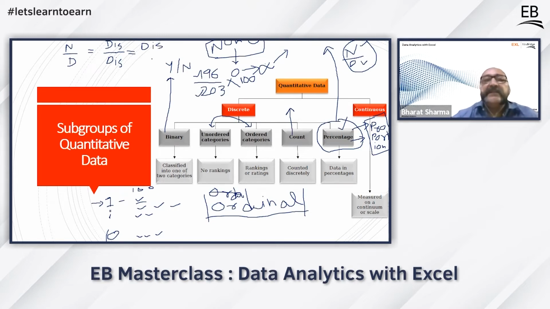Okay. The second possibility is either your numerator or your denominator becomes continuous. So it could be either continuous by discrete or discrete by continuous, or vice versa.